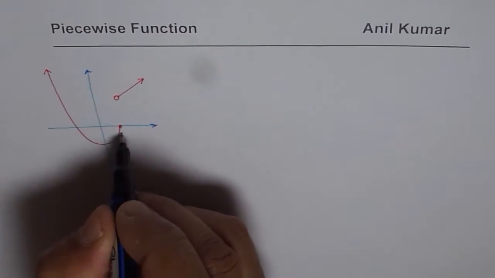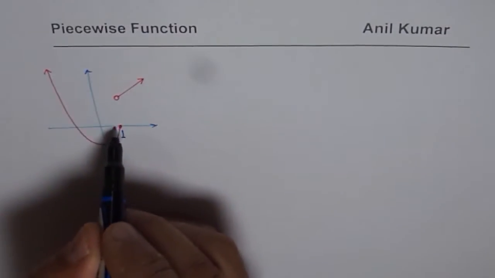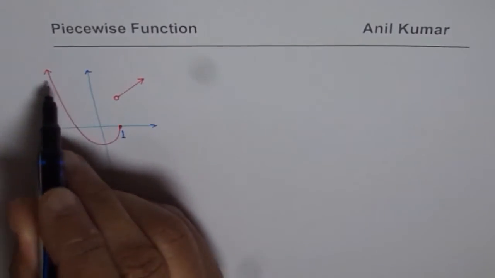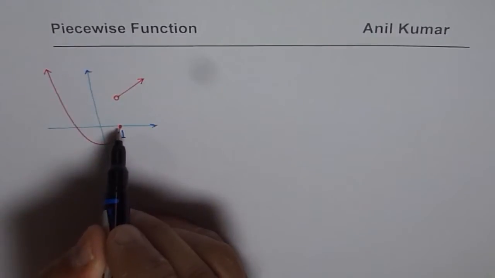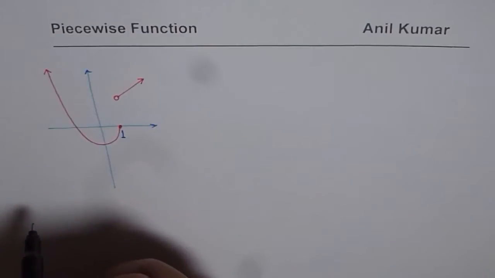Let us say this point here is 1. Now at 1, this filled-in hole means that the piece which looks like a parabola here ends at 1, and the value of the function at 1 is 0.